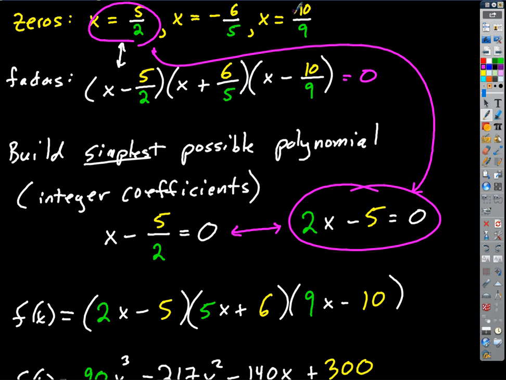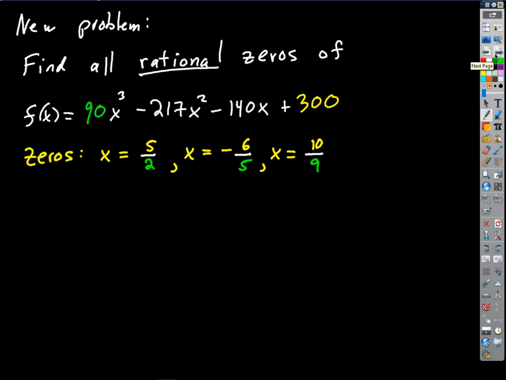Right? So once again, what if we get this new problem that says find all the rational zeros of this polynomial? If there are any rational zeros, wouldn't you agree they have to be built from fractions where the factors of the denominators are factors of 90, and the factors of the numerators are factors of 300?